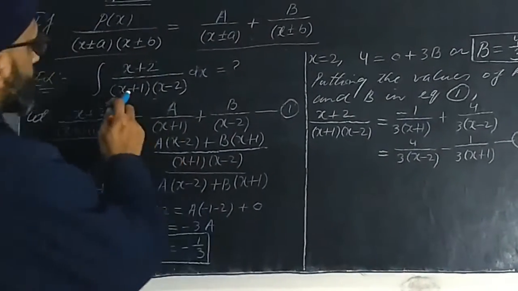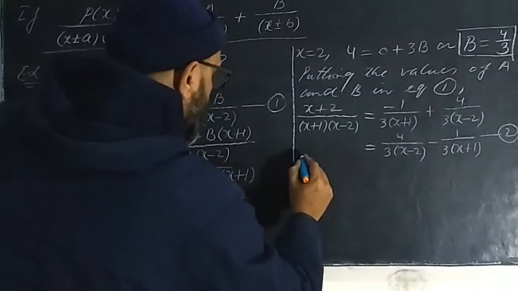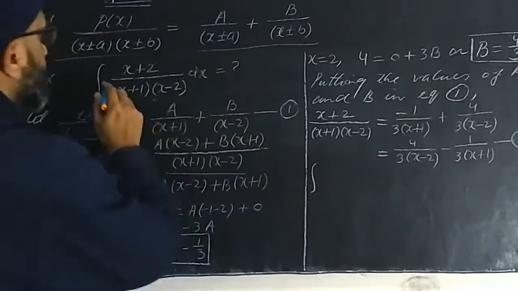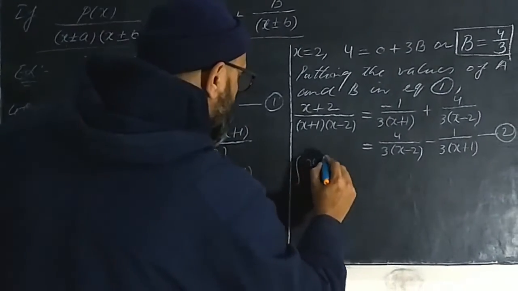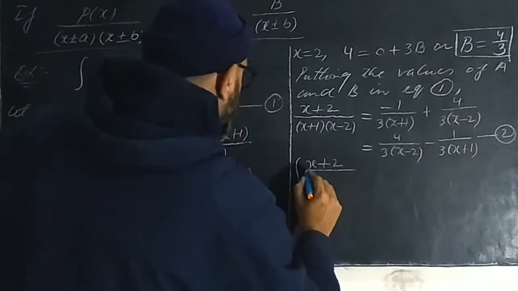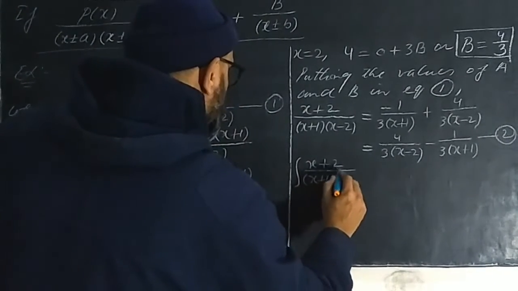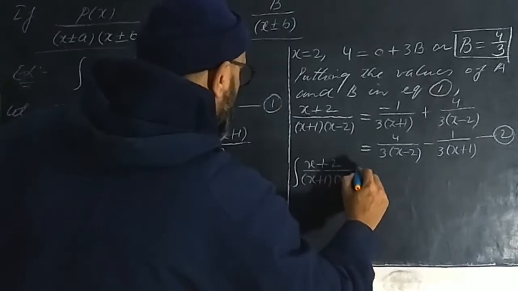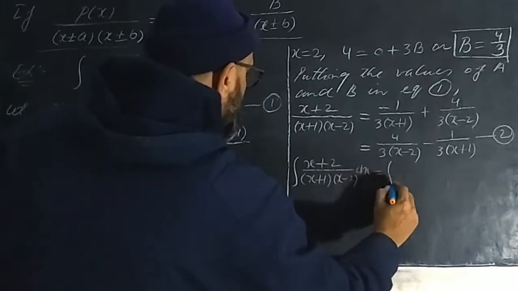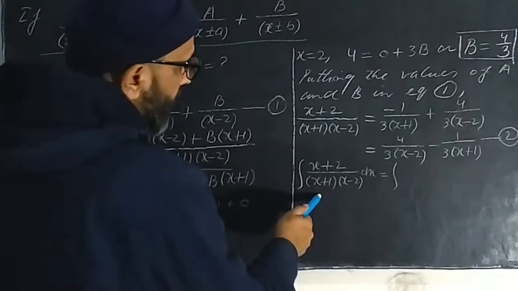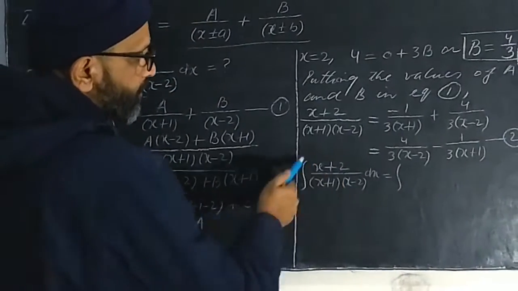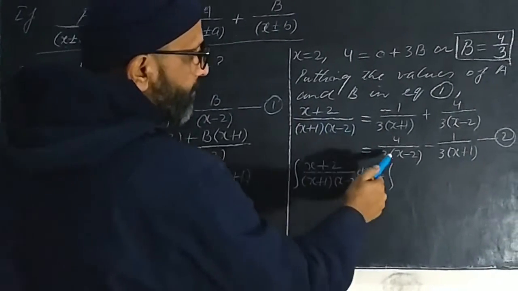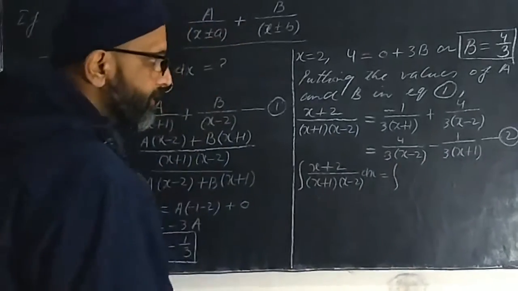So we come to our integration. We need to find the integral of (x + 2)/((x + 1)(x - 2)) dx. Now here in this integral we write the value of this expression which we obtained in the form of partial fractions.